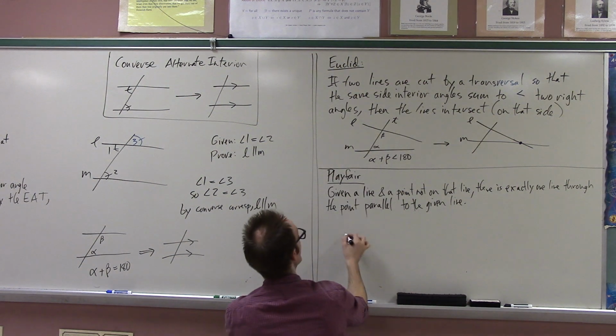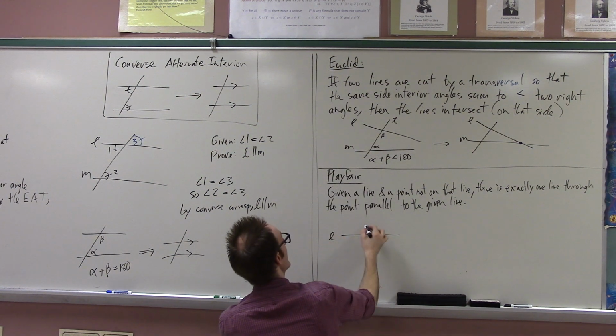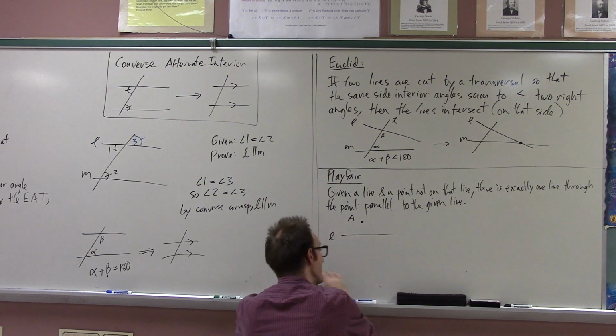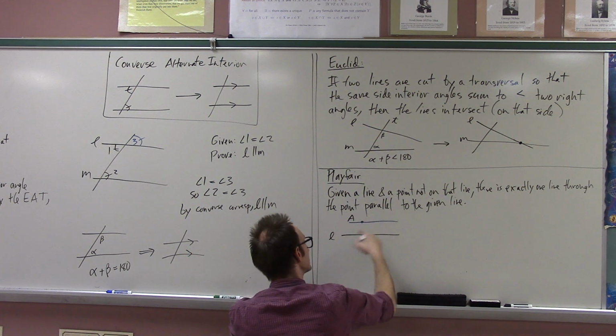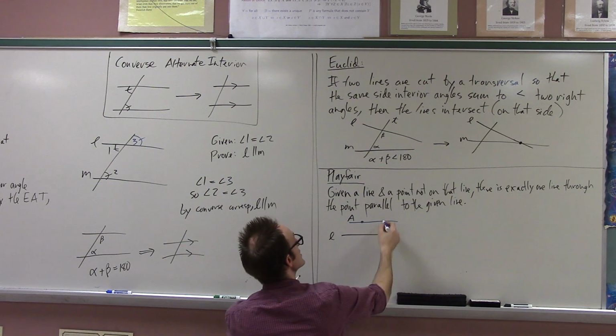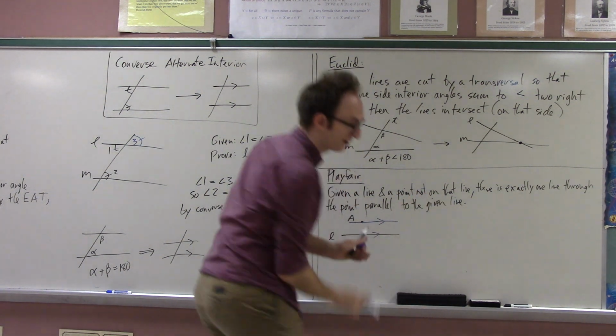Okay, so given some line L and some point A, what Playfair's postulate says is that there is exactly one line through A which is parallel to L.